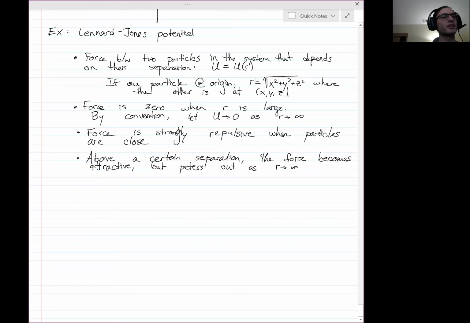And then the last qualitative feature of the Lennard-Jones potential is that when particles are within a certain range of distances from each other, I'll write it in words.